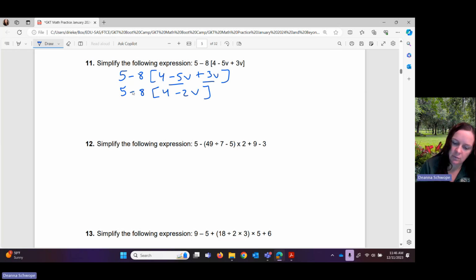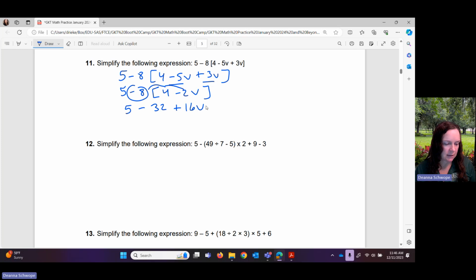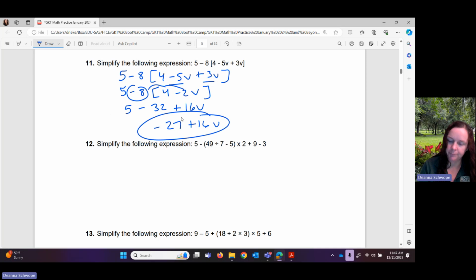Now we can distribute our negative 8. So we have 5 minus 32 plus 16v. And I'm not going to try to do it in my head. I know you could easily do it, but I'm going to say 5 minus 32, which is negative 27 plus 16v.